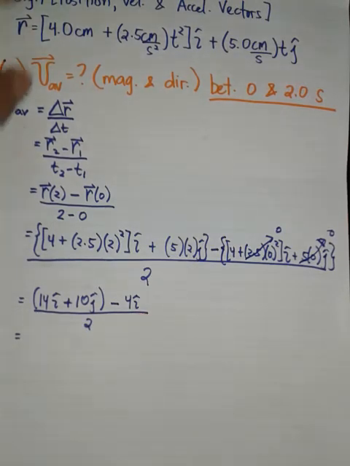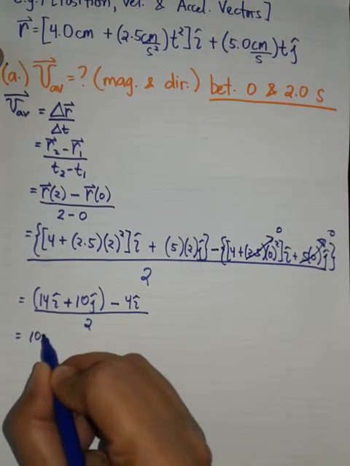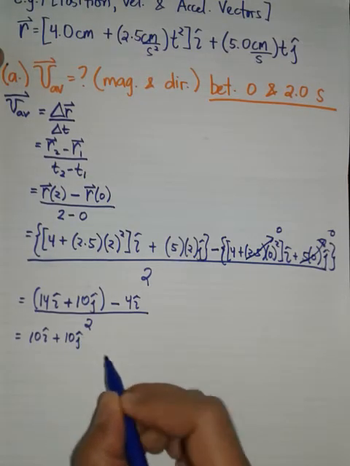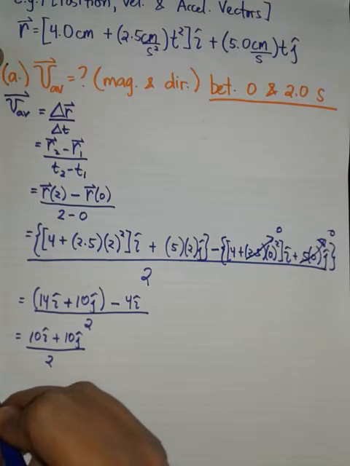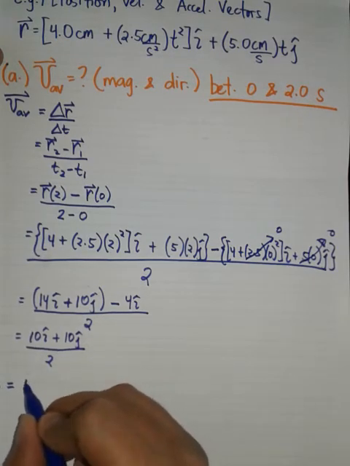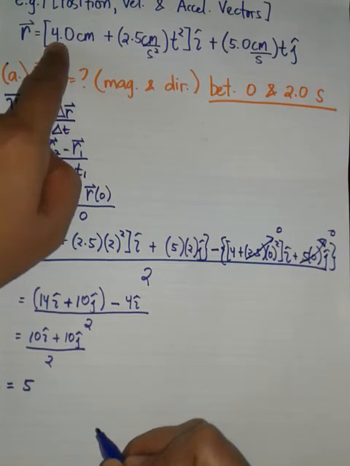Okay, so we now have here combine similar terms. We discussed this already in the early videos. So this becomes 10 i hat plus 10 j hat all over 2. And this is now our average velocity in component form. So we have 5. Let's take a look at the number of significant figures in the given. 1, 2.